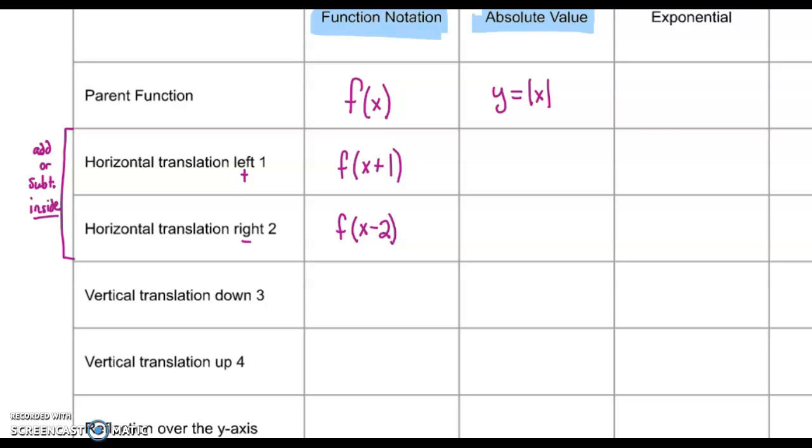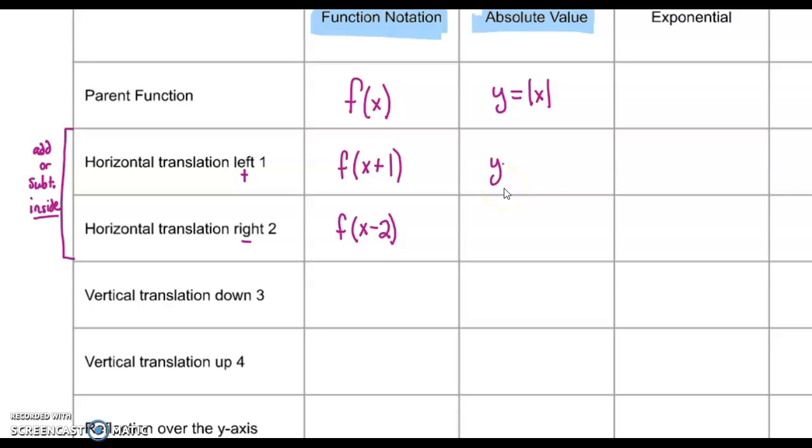When I said that horizontal is inside, I mean it's inside the parentheses right here. The plus 1 happened inside the parentheses. We'll see outside when we do vertical. So on an absolute value, inside means you write plus or minus the number inside the absolute value bars. Let's write one.